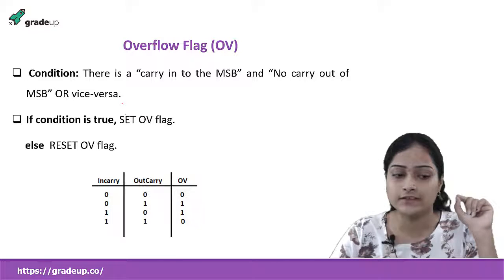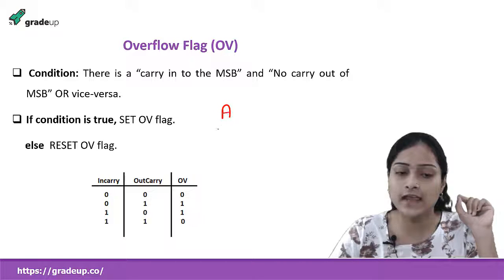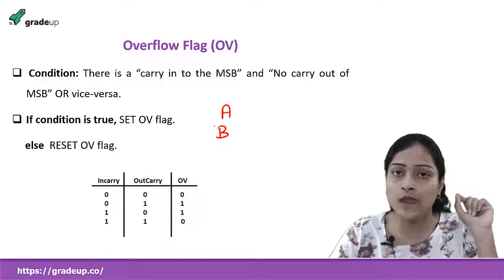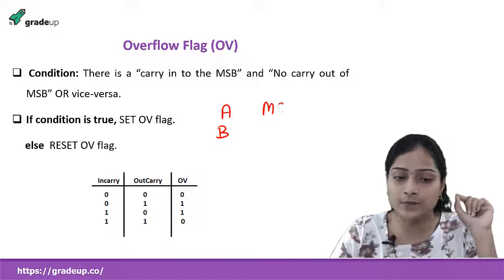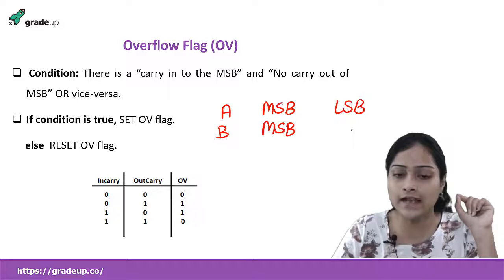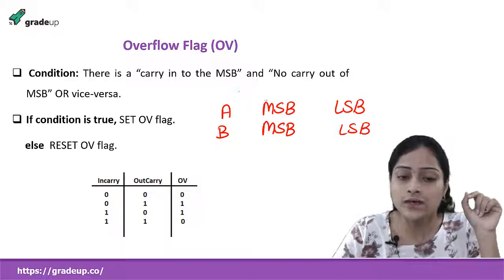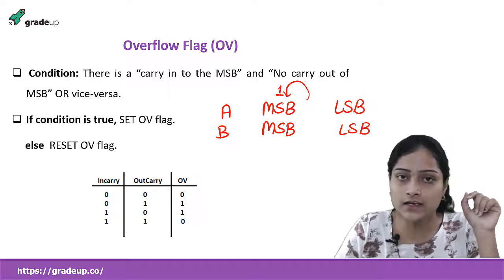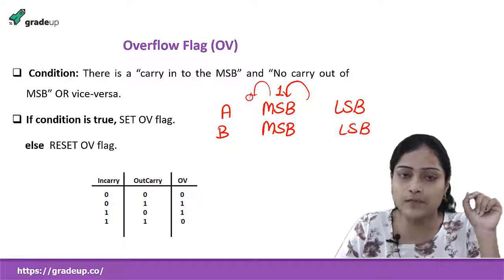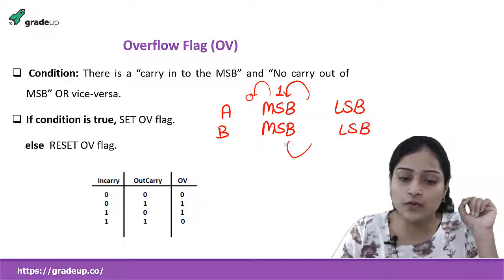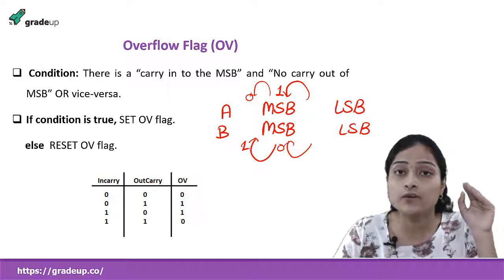What does it mean? See, in carry and out carry, suppose you have two numbers A and B and you are going to perform addition of these. This is the MSB bit of A, this is LSB bit of A, MSB bit of B and LSB bit of B. What this overflow flag is going to check: if there is one carry to this MSB and no carry out of this MSB, or there is no carry to this MSB and one carry out of this MSB, then your overflow flag is set, otherwise it is reset.